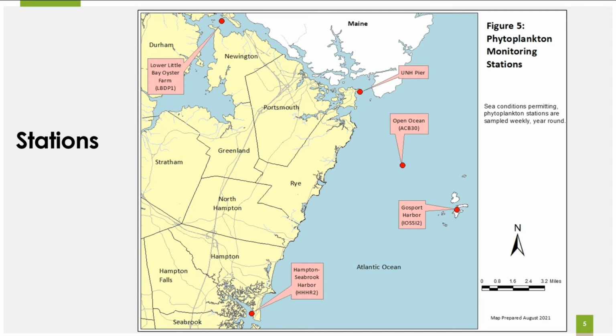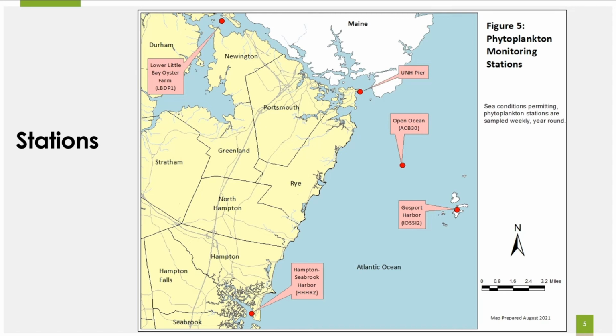The second site is the Isles of Shoals area in Gosport Harbor. We also sample UNHPR Coast Guard Station, right at the inlet of the Piscataqua River. We also sample in Hampton Seabrook Harbor.